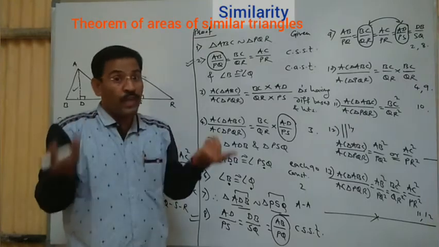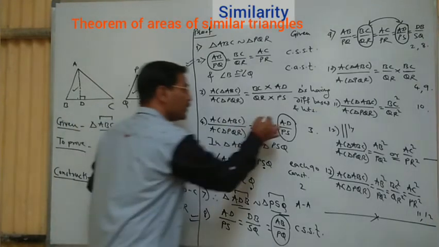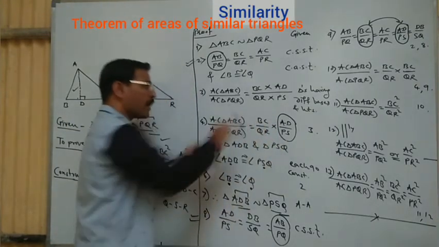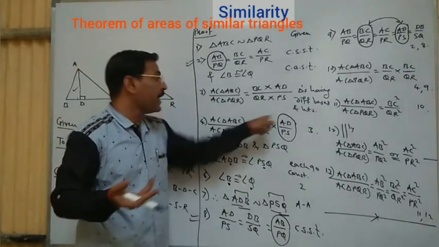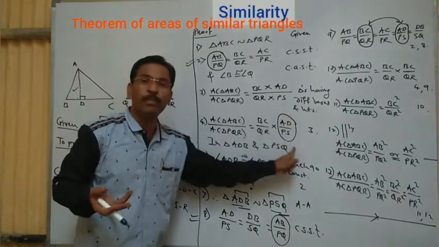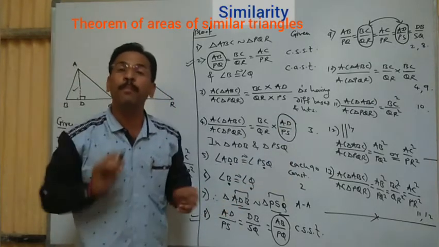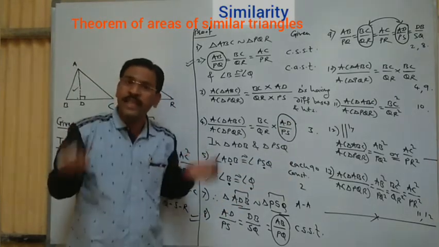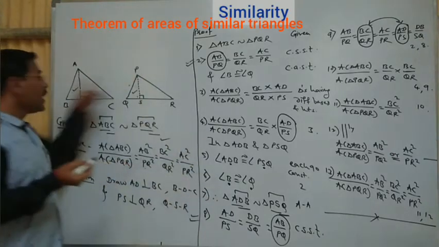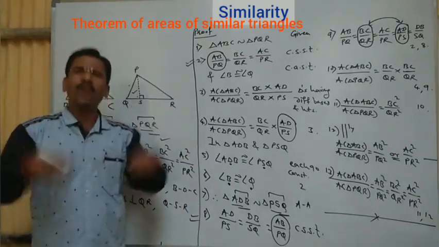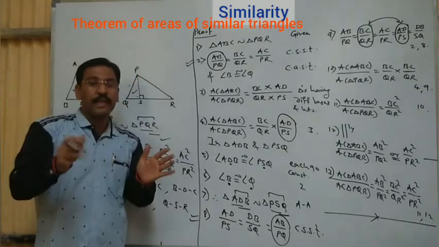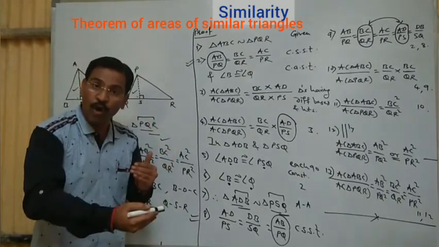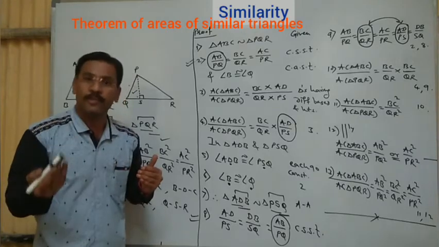But we can also replace this BC upon QR by AD upon PS, then what do we get? AD upon PS gives AD square upon PS square also. What are AD and PS? Both of these are perpendiculars, or you may say altitudes. Means the same theorem we can write in the form of altitudes also.